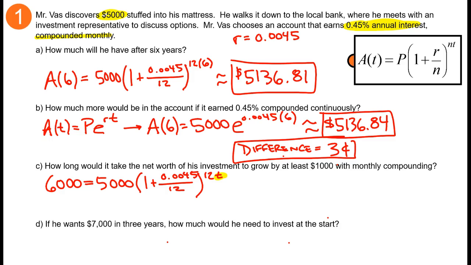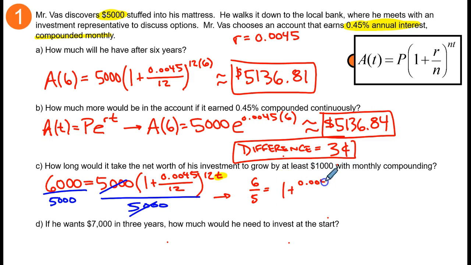The first thing I'll do, though, is divide both sides of this equation by 5,000. If I divide this side by 5,000 and this side by 5,000, then these two 5,000s are gone. And after I cancel out some zeros, I'm going to have 6 over 5 equals 1 plus 0.0045 over 12 raised to the 12t power.